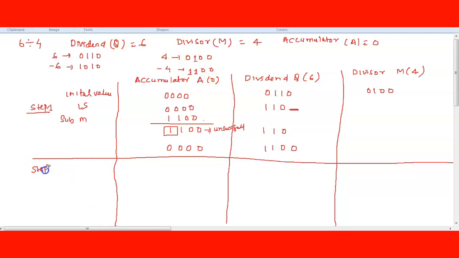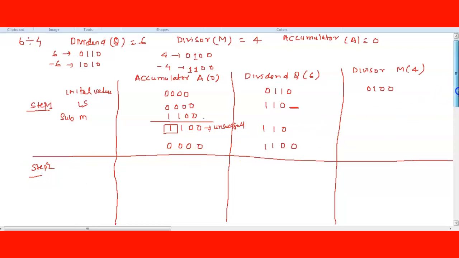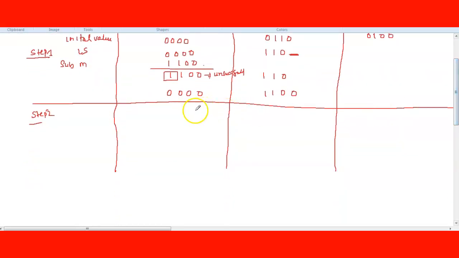Now in step 2, same thing, we continue. Same procedure: first left shift. Left shift means 0 0 0, and this becomes 1, and this is 1 0 0, and this bit will be empty. Then again subtract M. Subtract M means adding 1 1 0 0, the second complement of 4. So this is 1, this is 0, this is 1, this is 1.